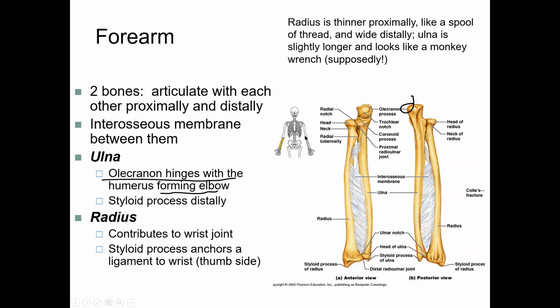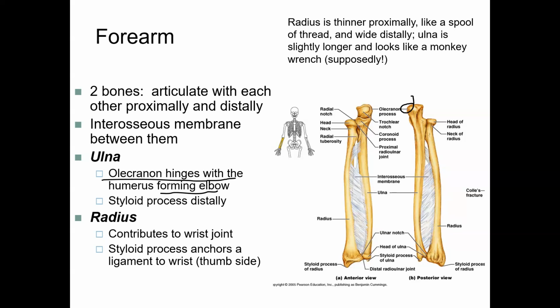In the distal end now of the forearm bones, we also are now going to have structures that are important. First of all, the ulna, as I mentioned before, is pivotal in the formation of the elbow joint. Now the radius is going to be pivotal in the formation of the wrist joint.